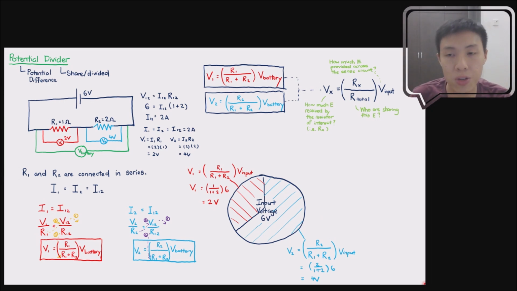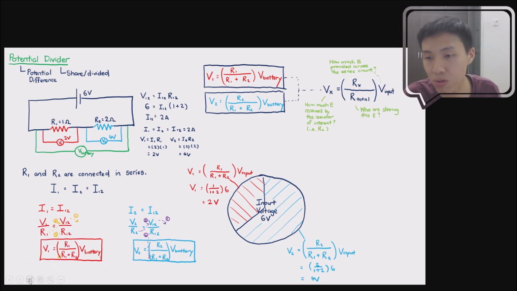But before we go, I would like to mention one very important thing. If you're using potential divider, you have to understand that all these equations can be derived based on the first important statement, which is that R1 and R2 are connected in series.